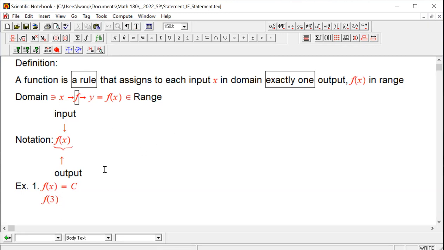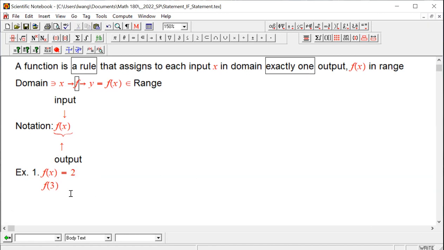Suppose we choose c equals 2, as we used to do. Then f of 3 is telling us the input is 3, and the output is 2.